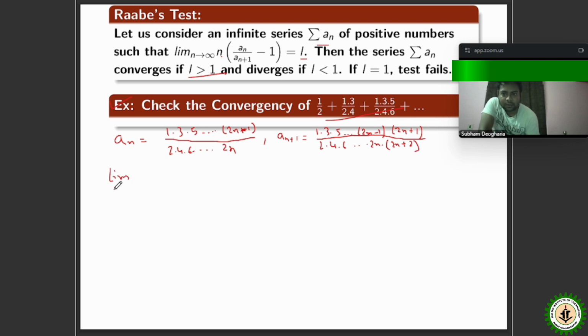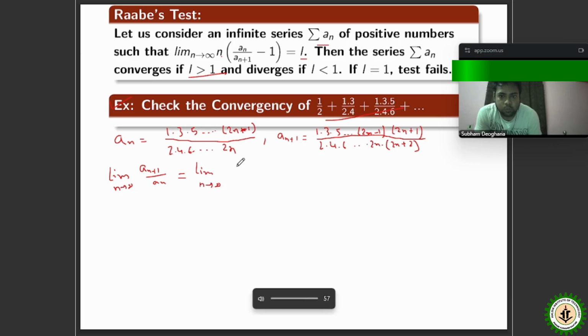Here limit n tends to infinity a_(n plus 1) by a_n will be what? This will be limit n tends to infinity. What will be the value? This and this will be cancelled. So the first term will be this, so this will be (2n plus 1) by (2n plus 2).